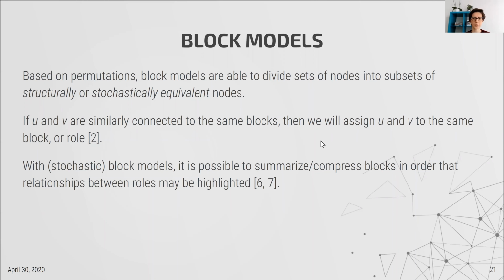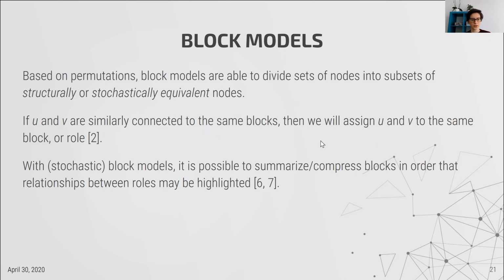The very first methods were more connected to the concept of structurally equivalent nodes, but there has been some development in the direction of stochastic block models that allow for a more flexible definition of what role means. But in general, the main idea is that, similarly to what we were saying before, two nodes belong to the same block or role if they exhibit similar connection patterns to the other blocks in the graph.